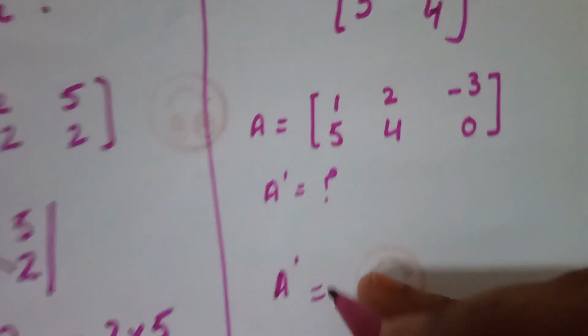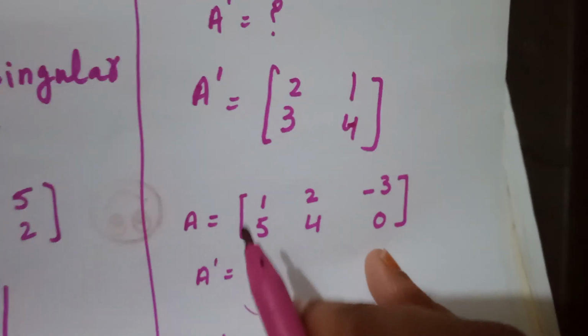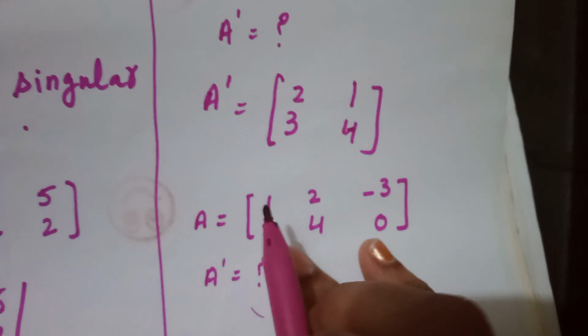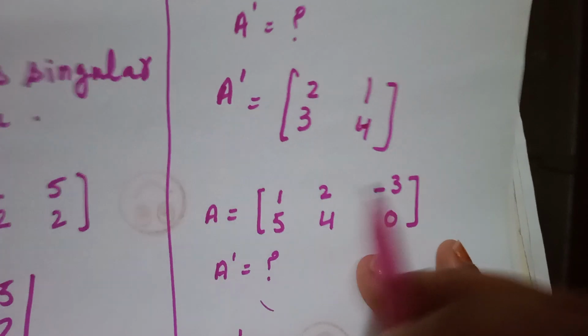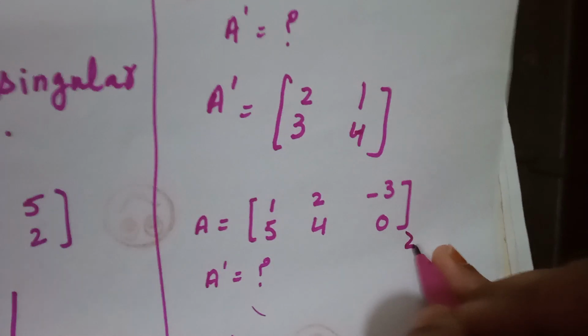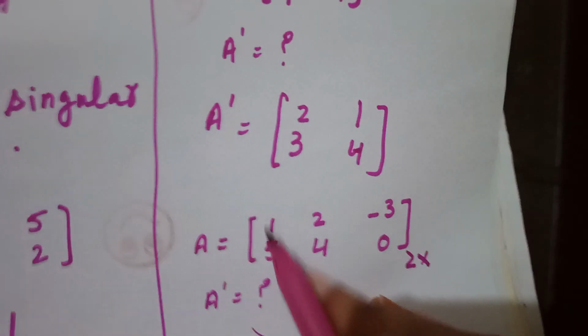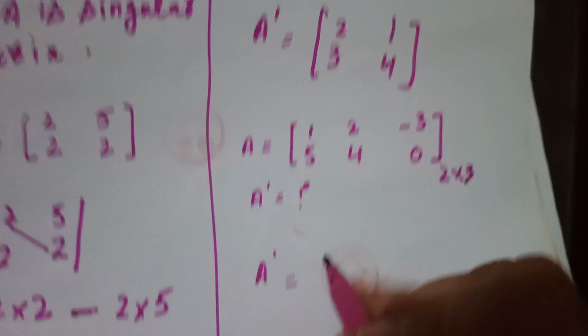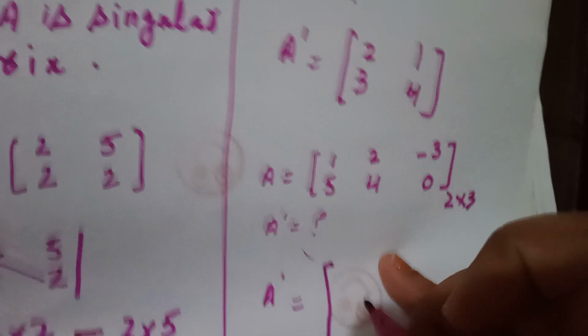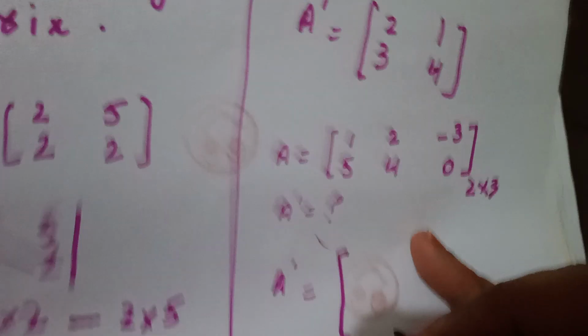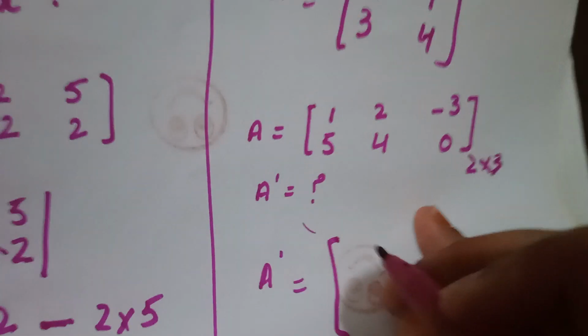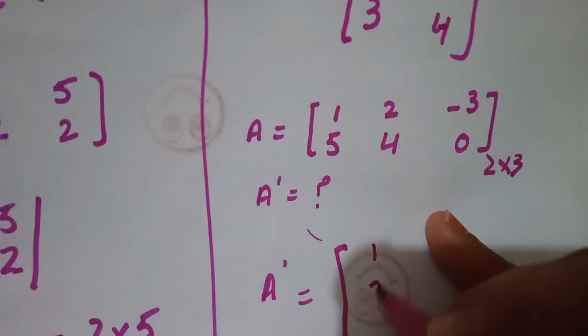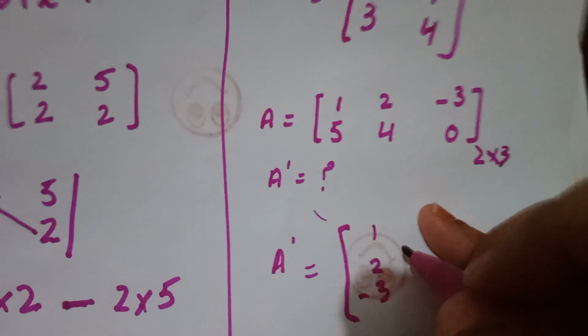Again, this is, sorry, not 3 by 3. How many rows? 2 rows and 1 2 3, 3 columns. And we know what the transpose of a matrix is: interchange of rows into columns. 1 2 minus 3, this was our row.